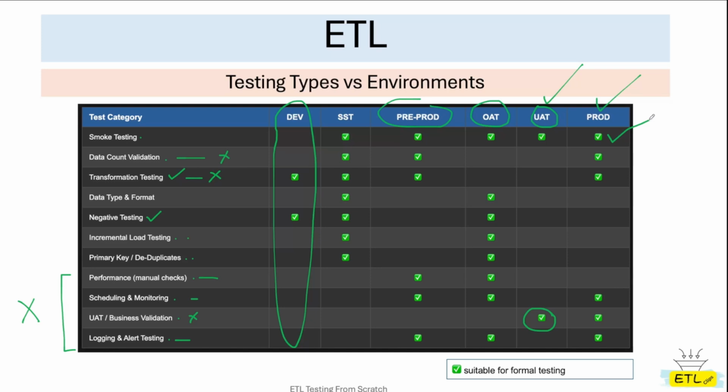Then count is validated, transformation logic is tested, then scheduling and monitoring is tested, making sure everything works, and from the user point of view or business point of view, everything is fine, that is also tested and validated, and the logging and alert mechanism is tested.